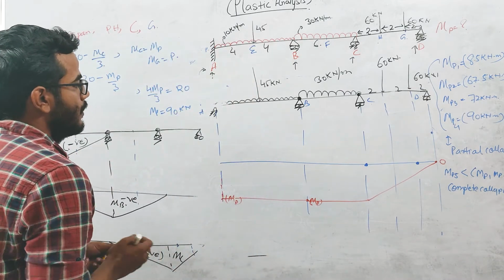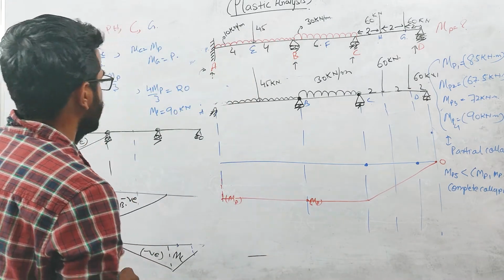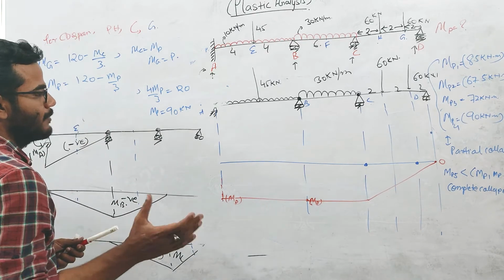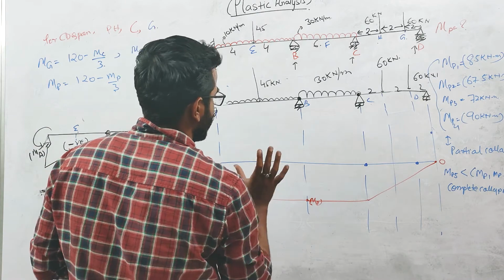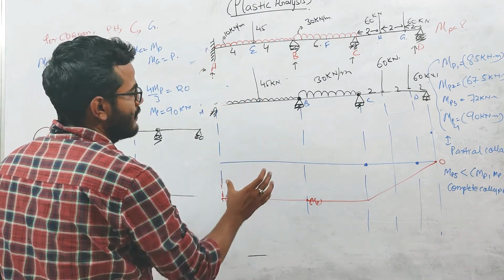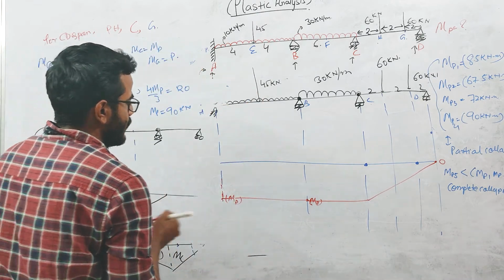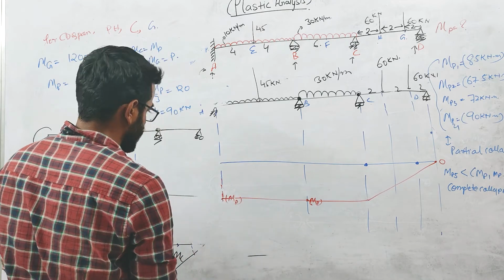If you draw the individual bending moment diagram of the collapse, we are just adding these two bending moment diagrams. This is due to the load and this is due to the reactants.